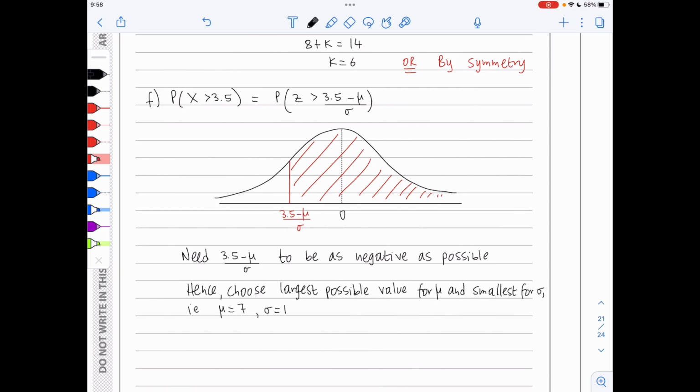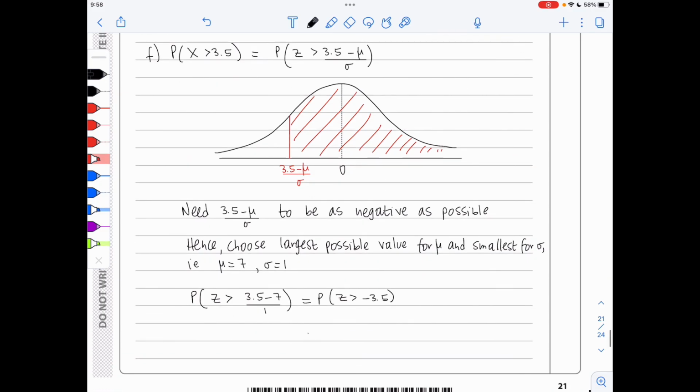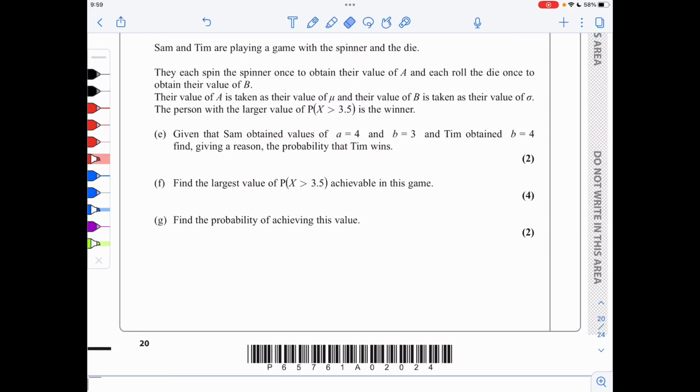So setting mu is 7 and sigma is 1 will make the probability of x greater than 3.5 be the probability of z greater than 3.5 minus 7 over 1, which is the probability of z greater than minus 3.5, which is simply the probability of z less than 3.5, which turns out to be 0.9998.